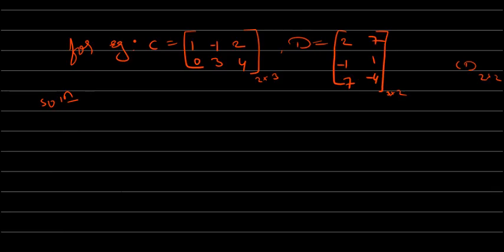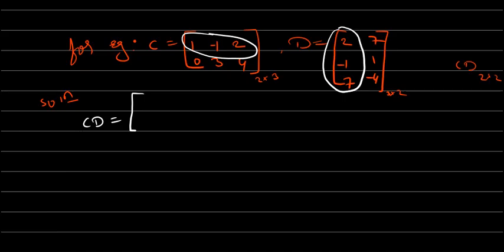We need to multiply this C into D matrix. How are we going to multiply? Rows into columns. First, you multiply this entire row of C with this column.